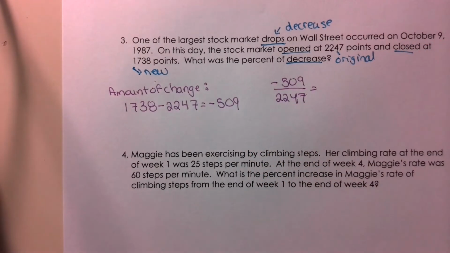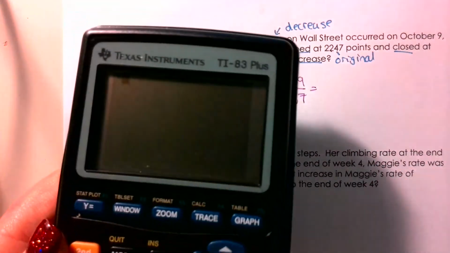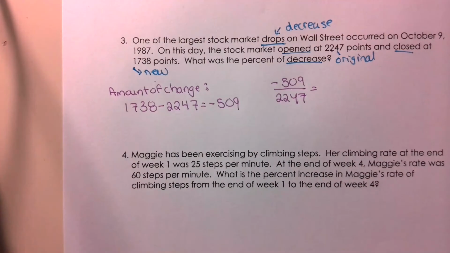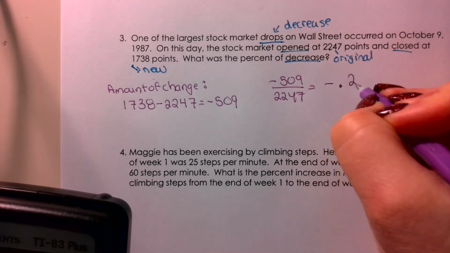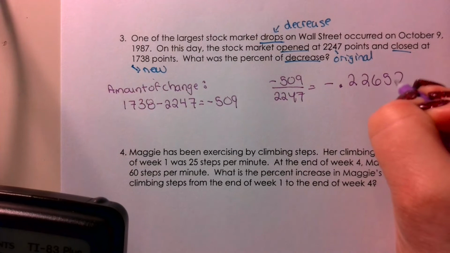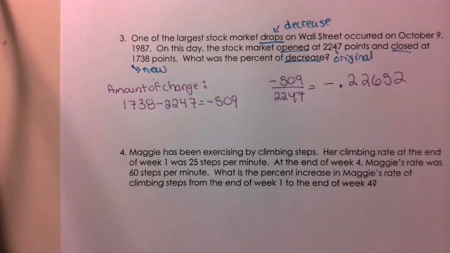And I should get a decimal. Negative 509 divided by 2,247, and I get negative 0.22652. I'll just stop there.